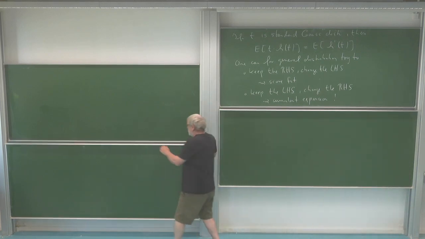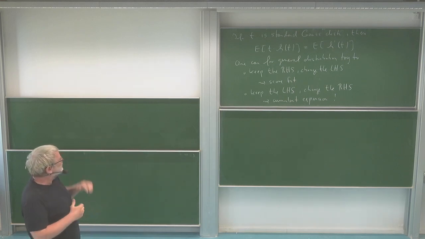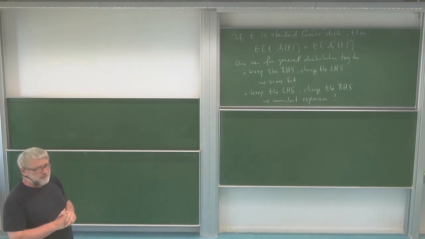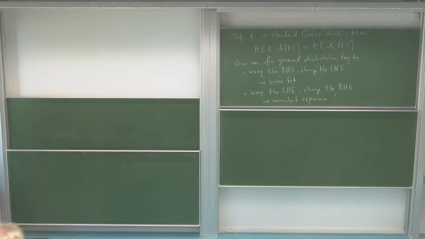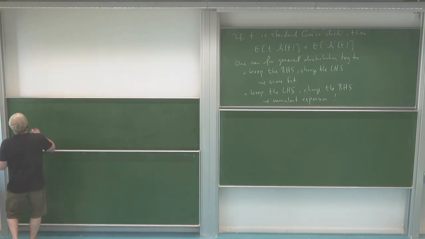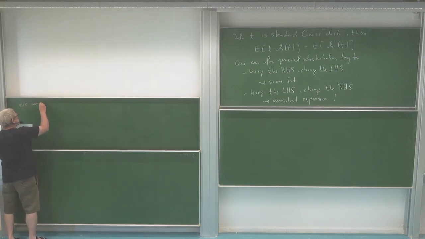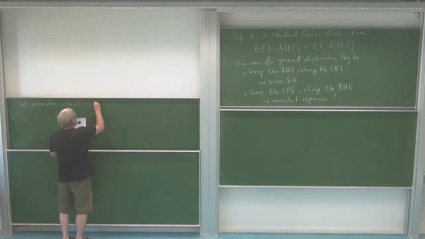Good, so let us start from the left-hand side for specific functions and try to arrive somehow at a version of the right-hand side. So we consider now specific functions h_s which depend on the parameter s, so they are functions of t, and they are exponential functions, and I put an i here.